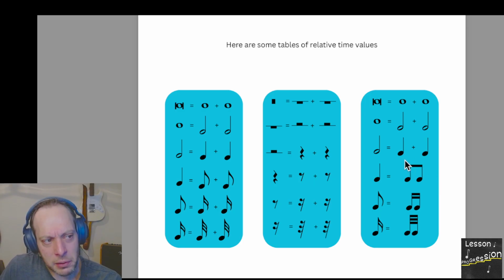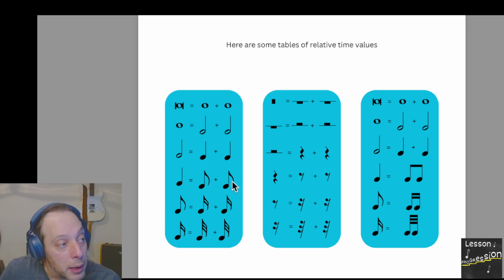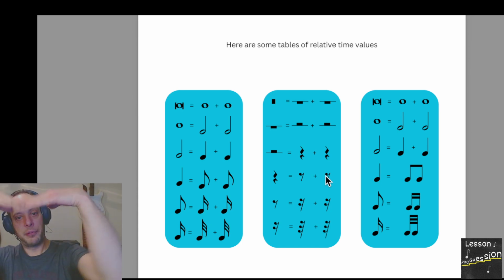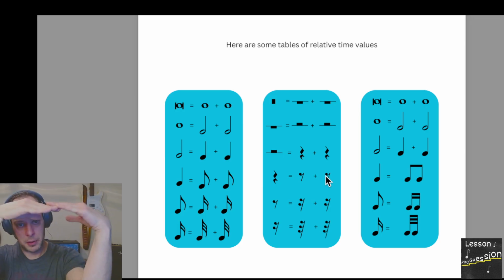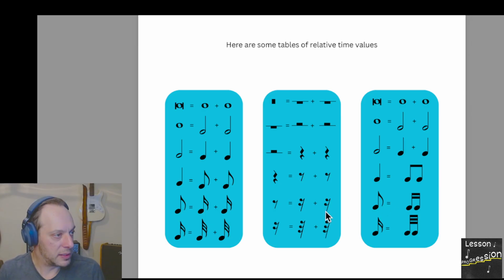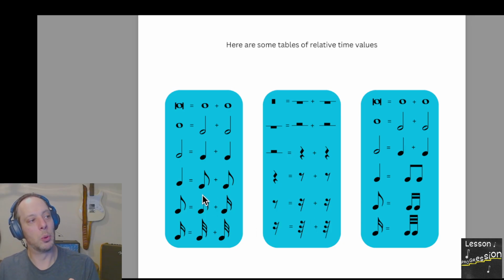It's a lot easier on the eye, and it's because they each have one flag, and their flags, instead of just being down like that, come up and join together over here. Same for these here. So I just wanted to show you that's a more correct way. Here we're just doing a math problem. Here, this is actually how we would write out the music correctly.